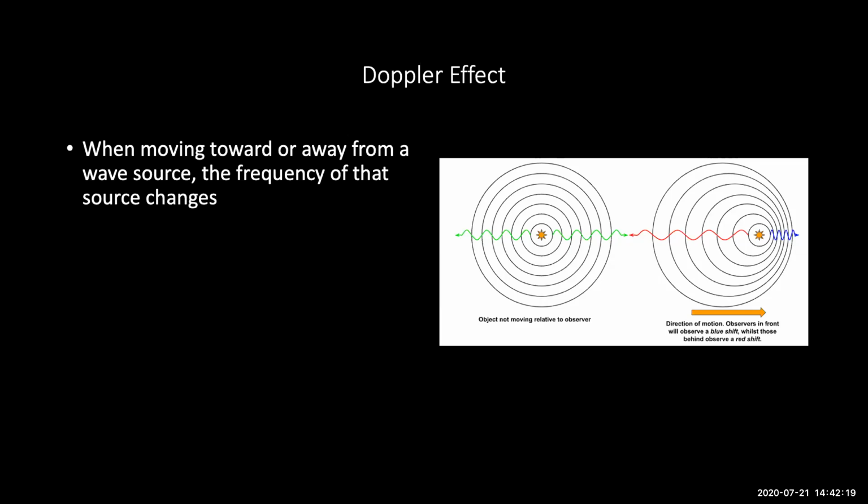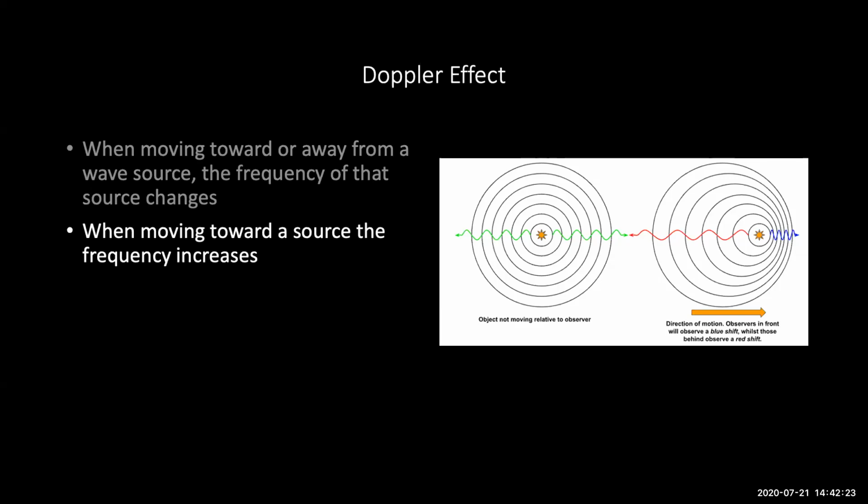The sound changes. Well, the sound changes because of the Doppler effect. As an object approaches you, the frequency of the source increases. Now for sound, the frequency has to do with pitch. So something that is high pitched, something up here, is very high frequency, and something that is low pitch, something down here, is very low frequency.